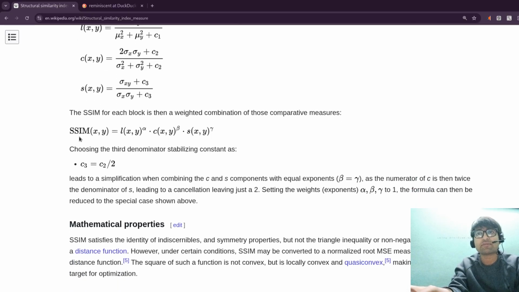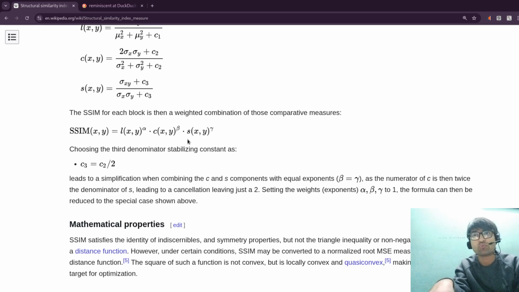and when we do all the things, SSIM is calculated by multiplying all the above components, and there can be weighted components, but typically by default we use alpha, beta and gamma equal to 1.